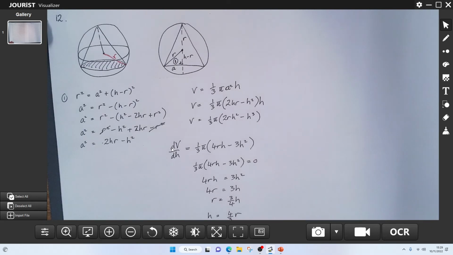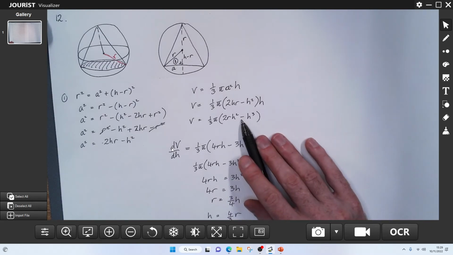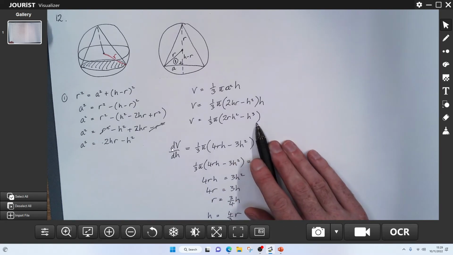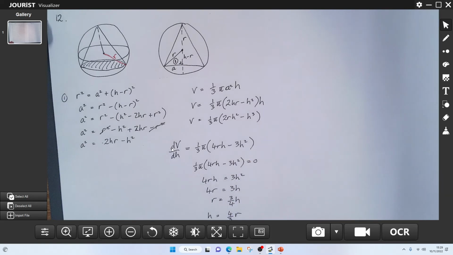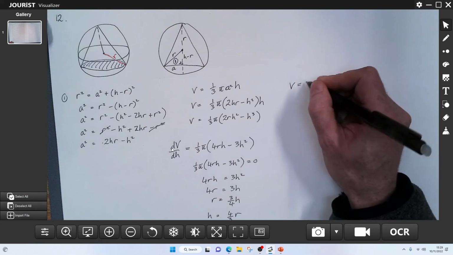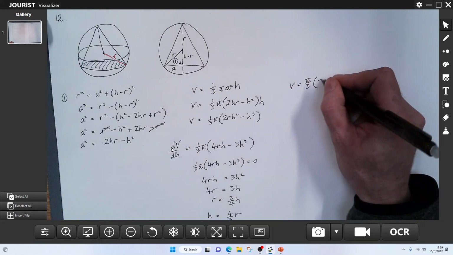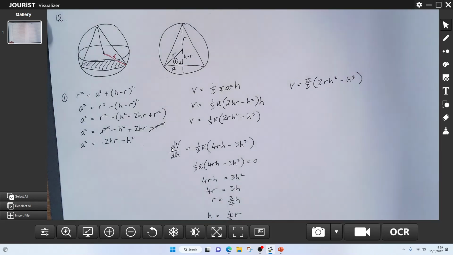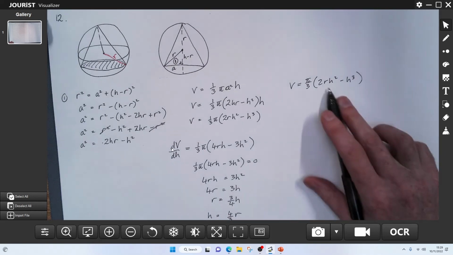Now, the most important thing in the exam is just the formula shown. Because the test is going to be on volume. We add the upper mark. So V equals one third pi times (2rh squared minus h cubed). So the test is going to equal h equals 4r over 3. So substitute h.